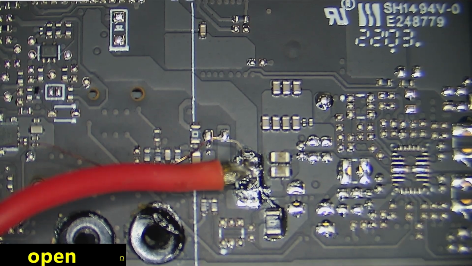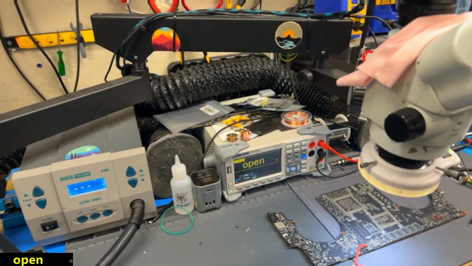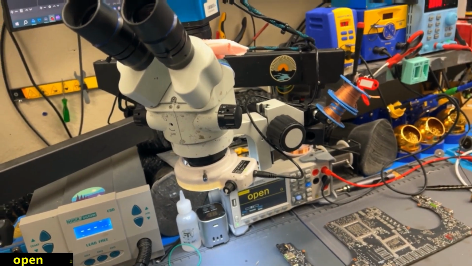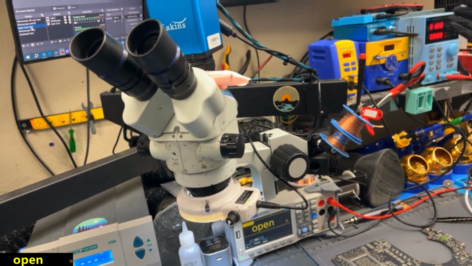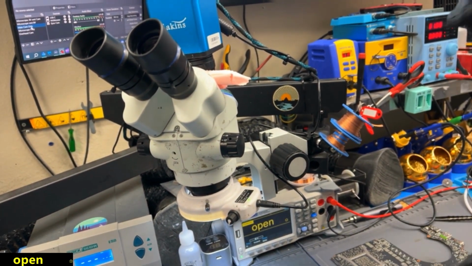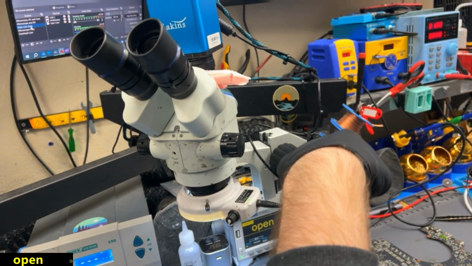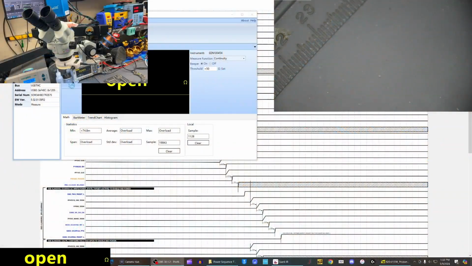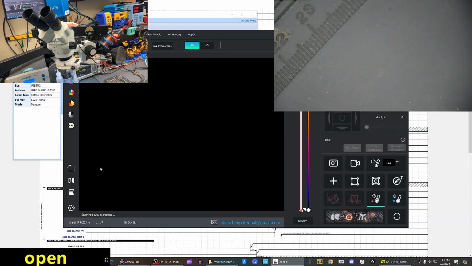Let's think about this. Power supply here, right? We have our wire on there.